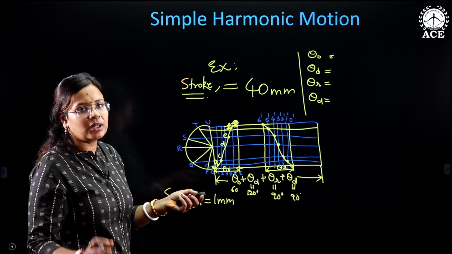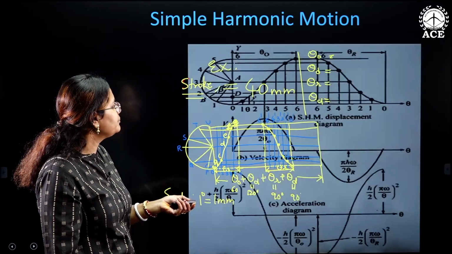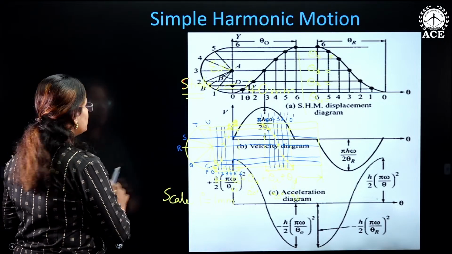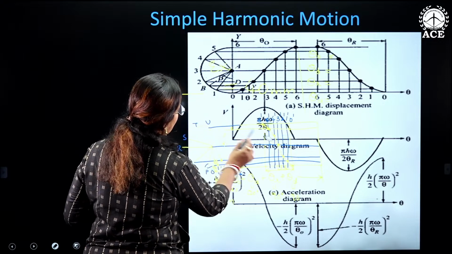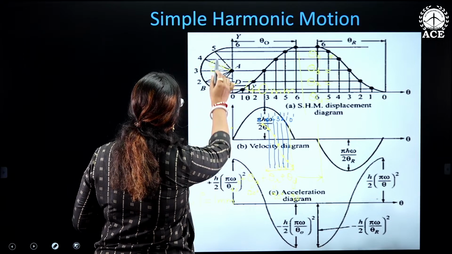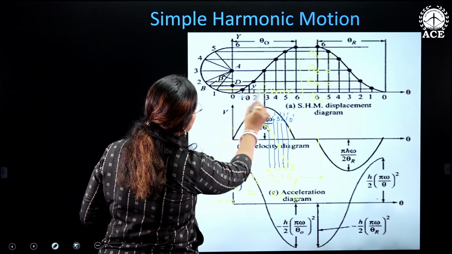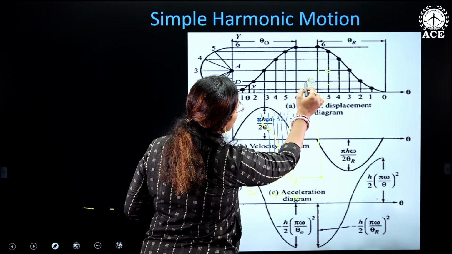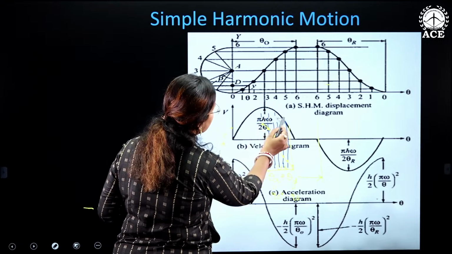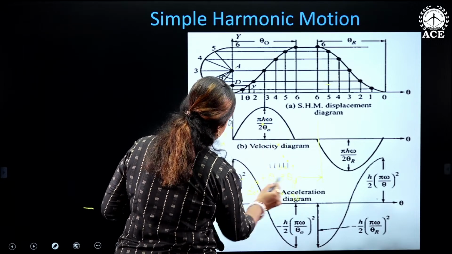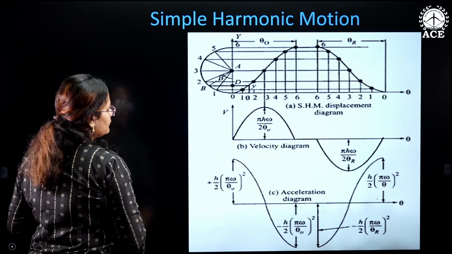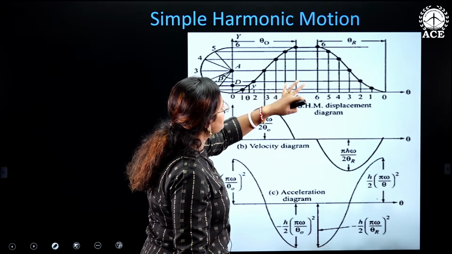So let us see how the velocity and the acceleration diagrams are given. This is how the displacement diagram is drawn.